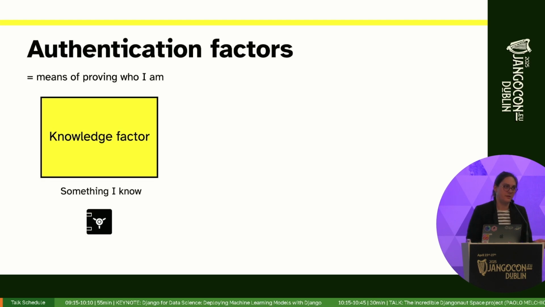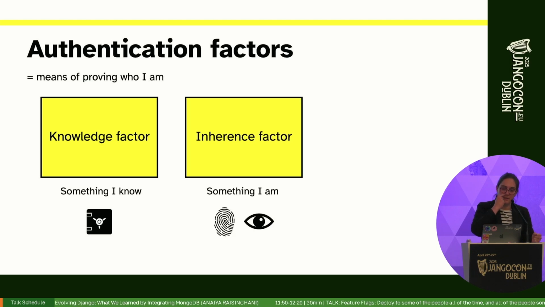Means of proving who I am are called authentication factors. There are 3 types of factor: knowledge factor, inherence factor, and possession factor. The most usual authentication factor on the web is the knowledge factor. It's the password authentication. Everyone knows that.